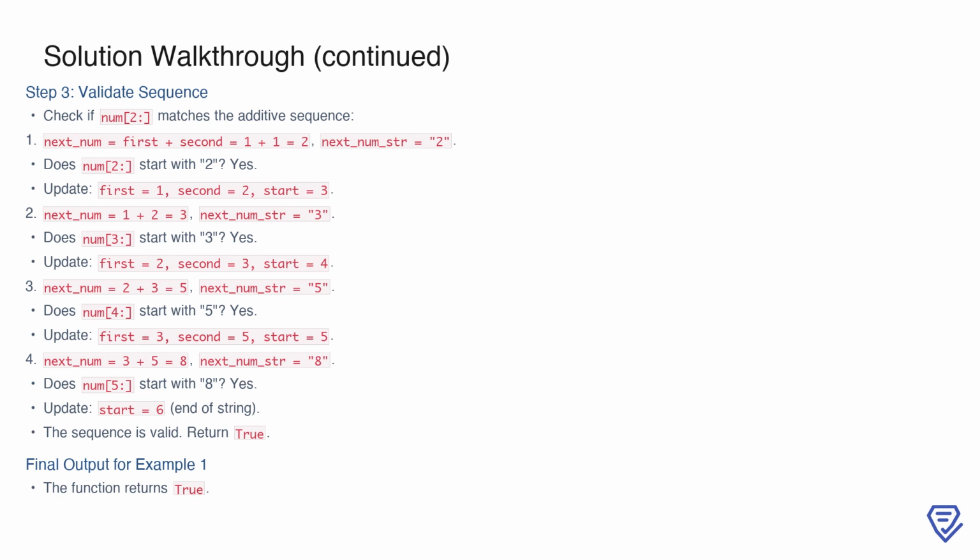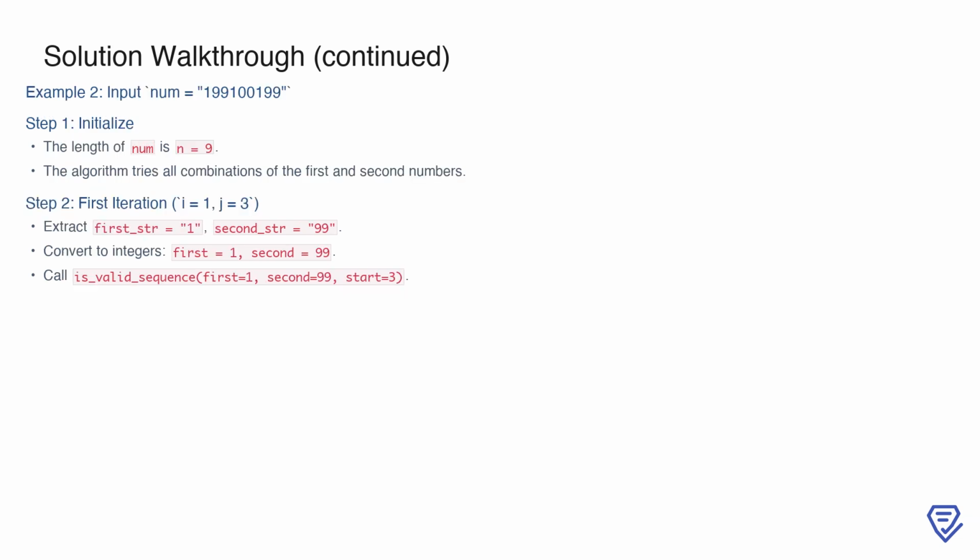It does, so we update first equals 2, second equals 3, and start equals 4. We repeat this process, finding next_number equals 2 plus 3 equals 5, which matches the string starting at index 4, and then next_number equals 3 plus 5 equals 8, which matches the string starting at index 5. At this point, the start index reaches the end of the string, confirming that this is a valid additive sequence. The function returns true for this example.